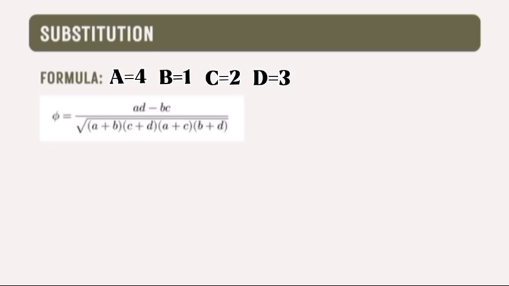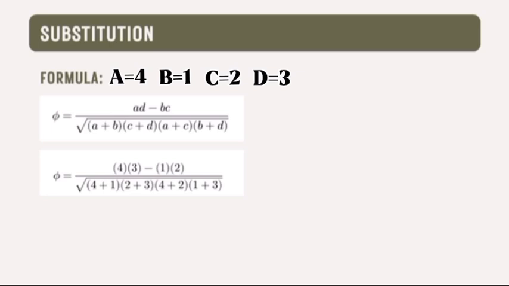After substituting the values, this is what our equation looks like: 4 times 3 minus 1 times 2 over the square root of 4 plus 1 times 2 plus 3 times 4 plus 2 times 1 plus 3. If your scientific calculator can handle it, you may compute it directly. If not, let's solve it manually.